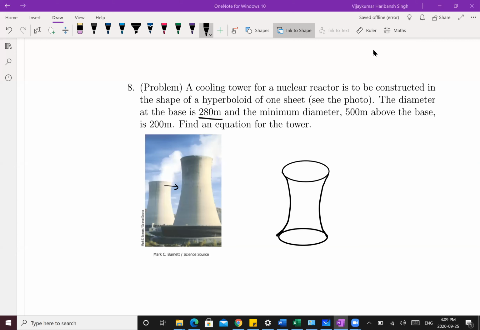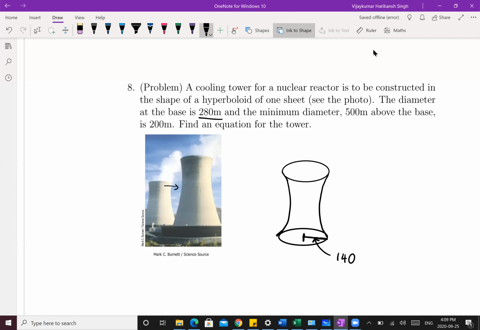So this is a hyperboloid of one sheet, and the diameter of the base, or the radius of the base, is essentially given by 140. And the minimum diameter, which is 500 meters above the base, is 200 meters.